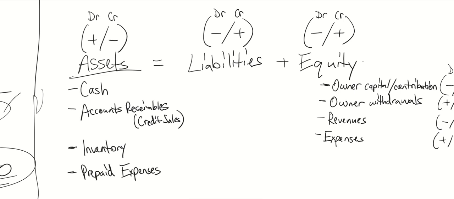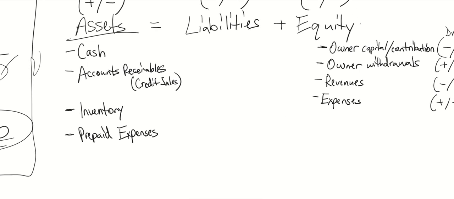Okay. Prepaid expenses are expenses that you're paying in advance to use in the future. So when you make that initial payment in advance to use what you paid for in the future, that's initially going to be reported as an asset. Once you use up what you purchased in advance, then the costs will get transferred from the asset account into the expense account. So that will make more sense later on.